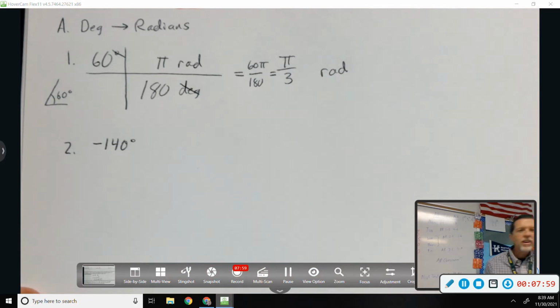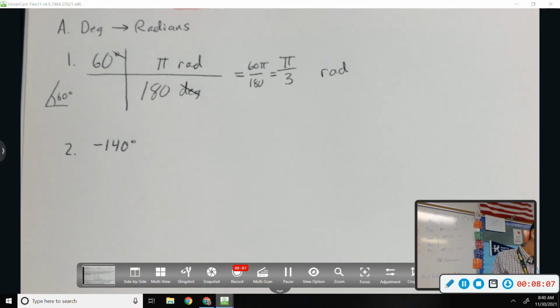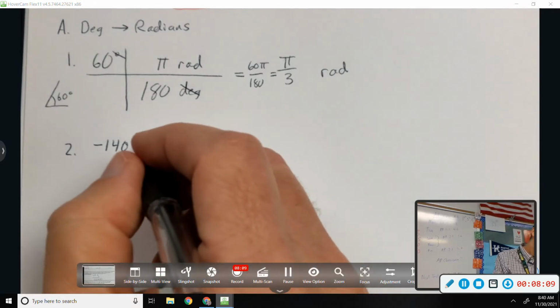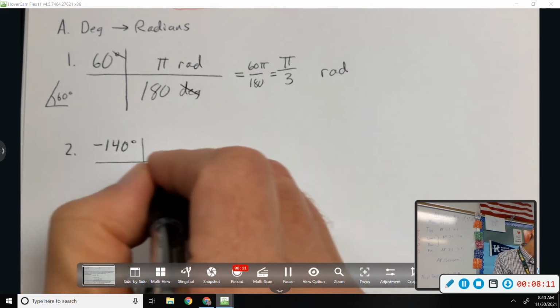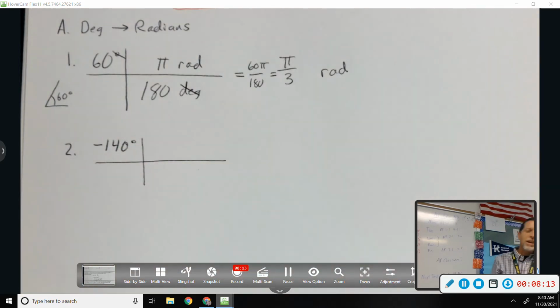Let's convert negative 140 degrees to radians. That's not going to be as nice. You're right. The process is the same though, right? There's degree in the top.